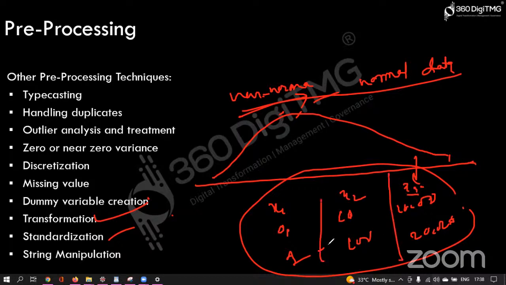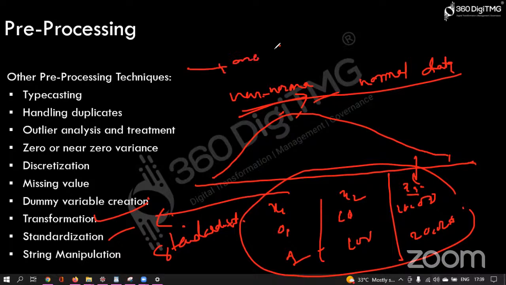To avoid that, we'll go with standardization. In standardization, we simply convert different scales into one scale. To make the data scale free, or to make it into one single scale, we use standardization, and then we have normalization as well.